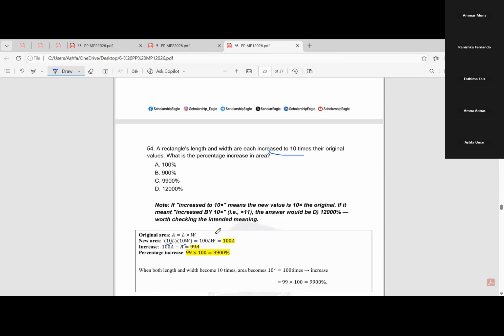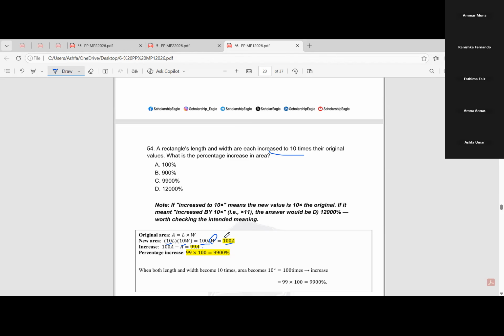So you get 100 LW, as LW equals A, which is 100A. To find the increase, you subtract the original area A from the new area, so you get 99A. To find the percentage increase, you multiply 99 by 100.